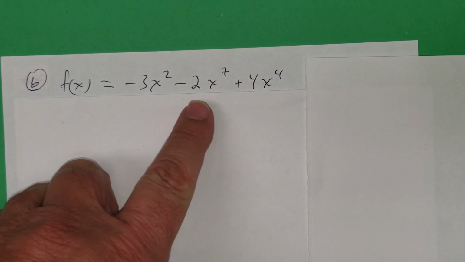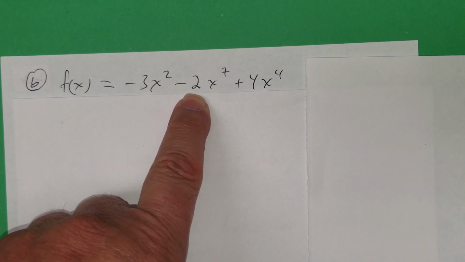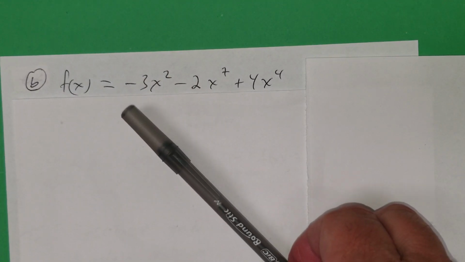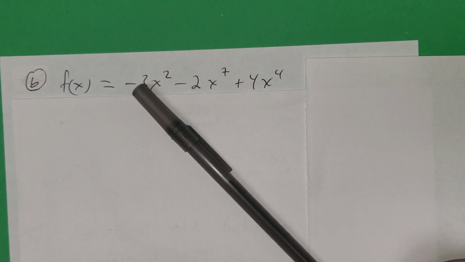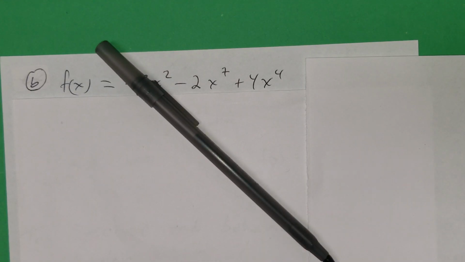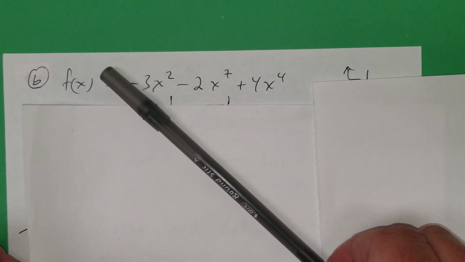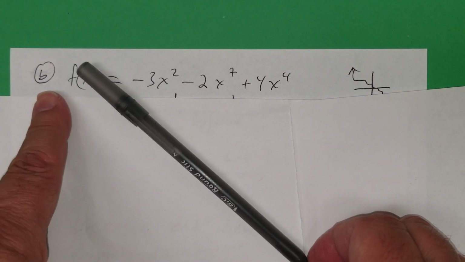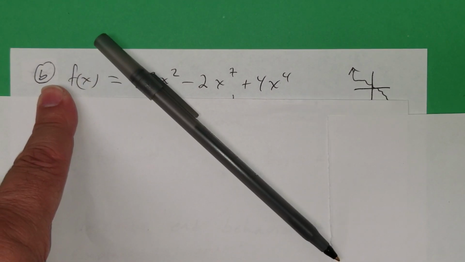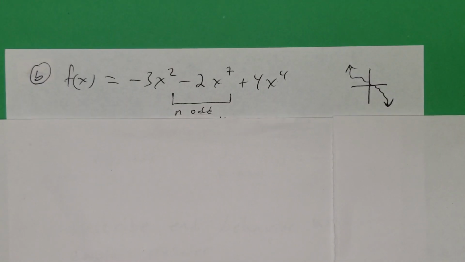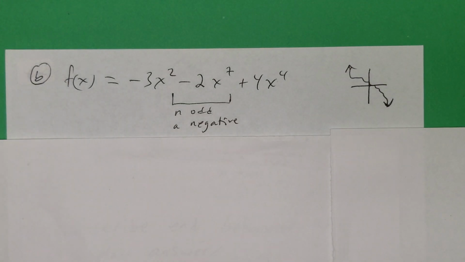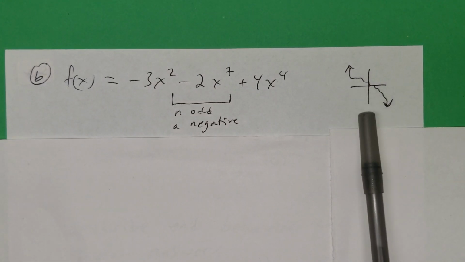Now what we don't know yet is if it's going this way or this way. Well, that's when you look at the number in the front here. It's negative, so remember, negative slope, it goes this direction. So on the left side, it's going up. On the right side, it's going down. So I could imagine the graph looking something like this.